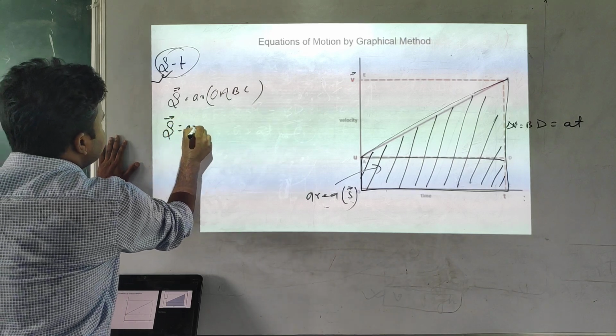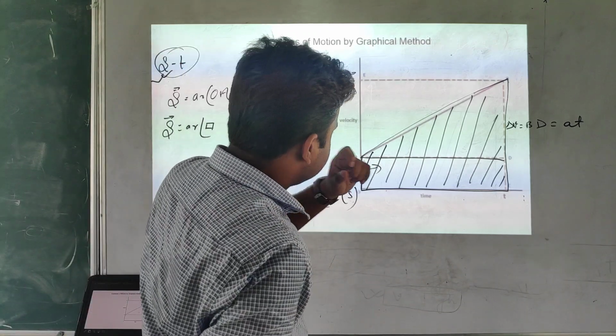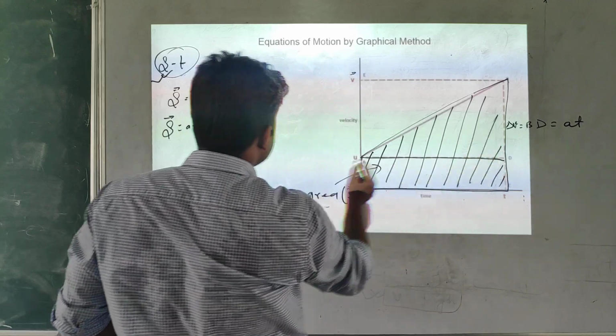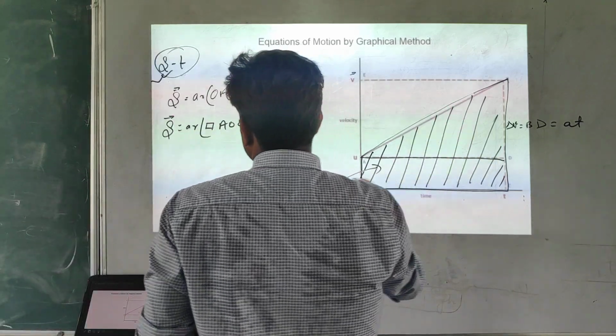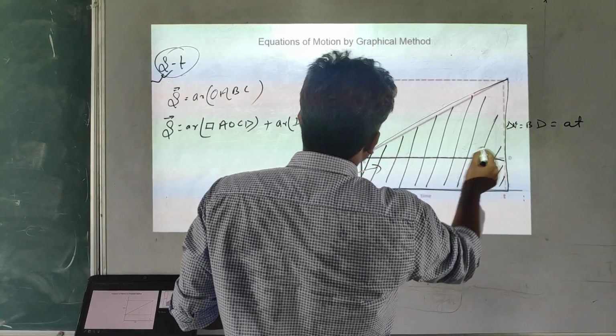S equals the area of the rectangle. What rectangle is this? Tell me the name. AOCD, plus the triangle, the area of triangle ABD.